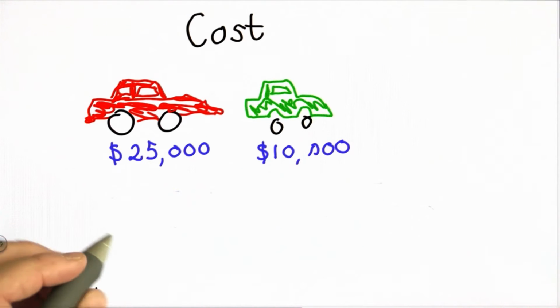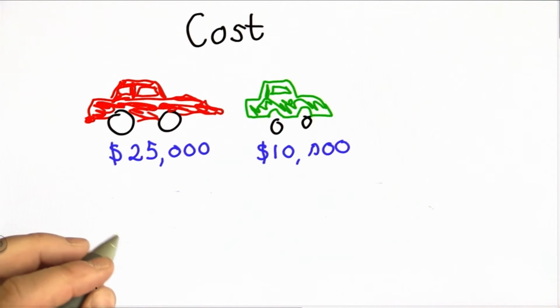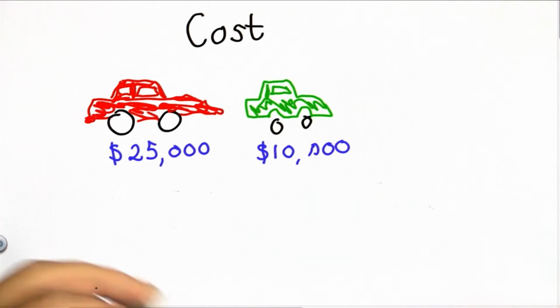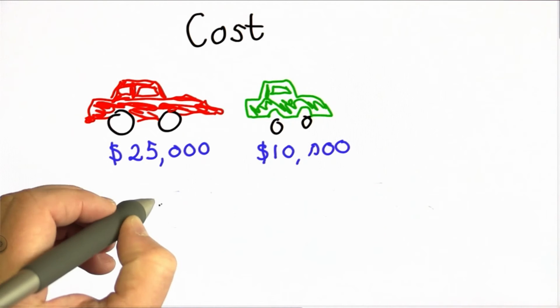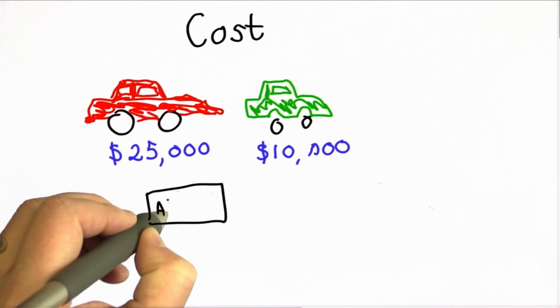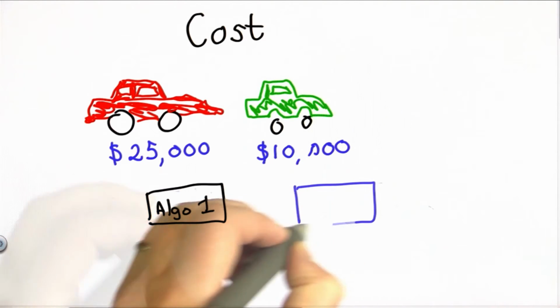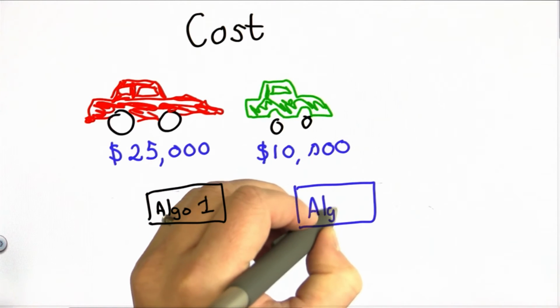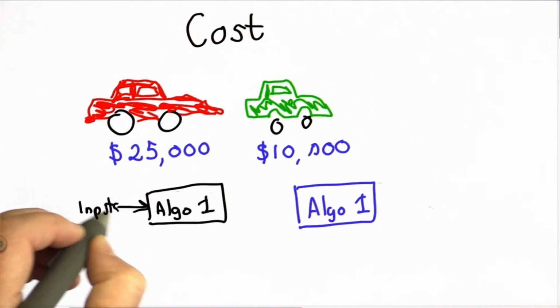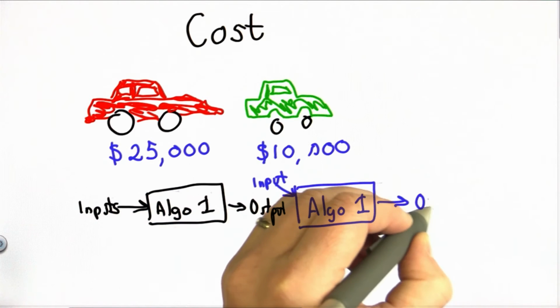So when we think about the cost of algorithms, we don't have a specific execution in mind usually. What we want to understand is how the cost depends on the input. So we might have two different algorithms. Let's say this is algorithm 1. And we have a second algorithm that solves the same problem. And both of these are algorithms that take inputs and produce output.